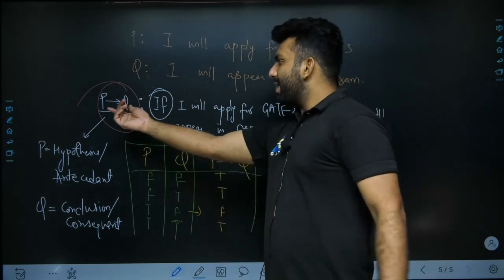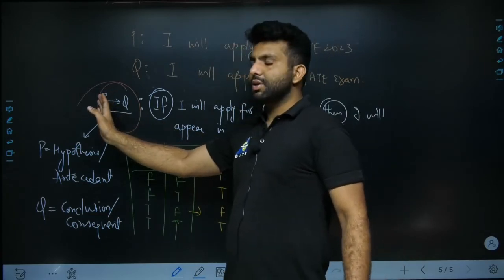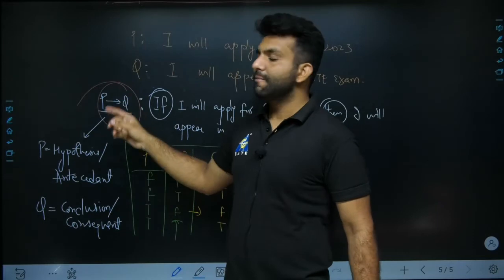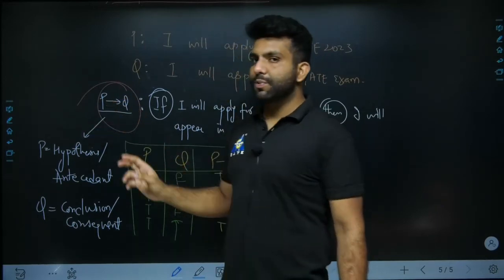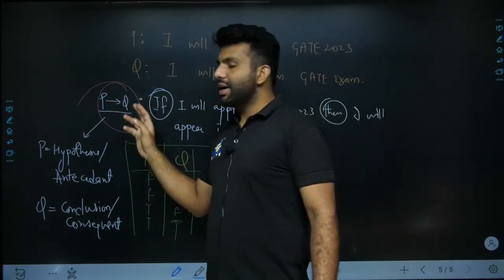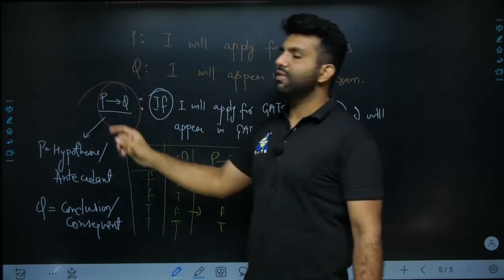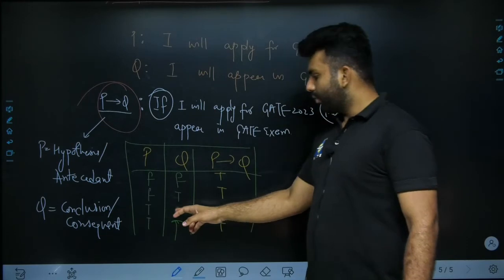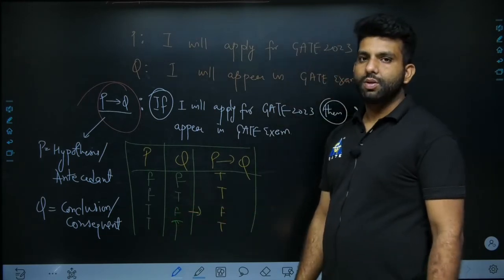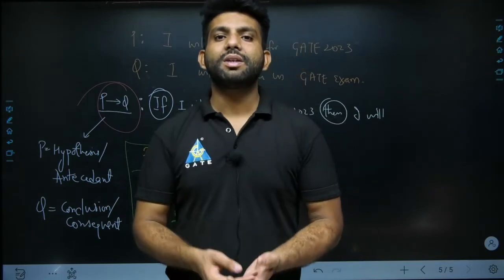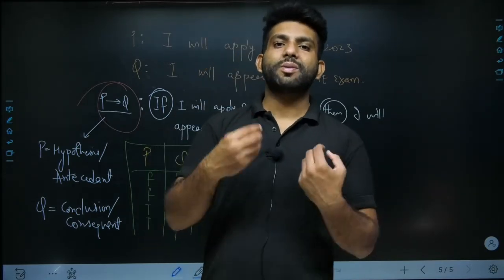So P implies Q: this is the prerequisite, this is the conclusion. The whole experiment will be false only if you completed the prerequisite and you did not get the desired result. If this was true and this was false, only then will this be false. True, false is false. But if I say P is false, you didn't fill up the prerequisite.